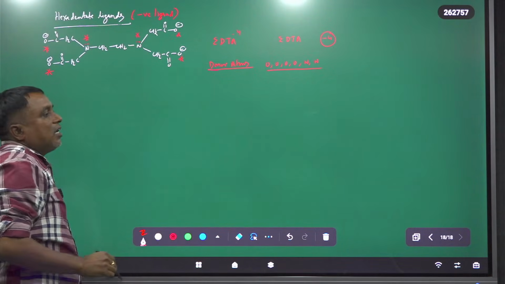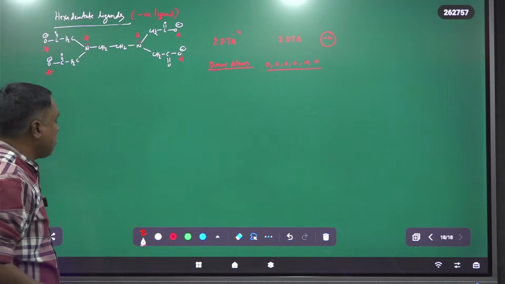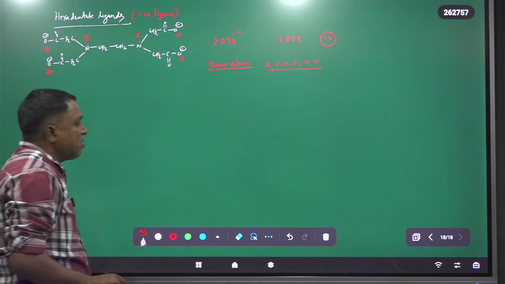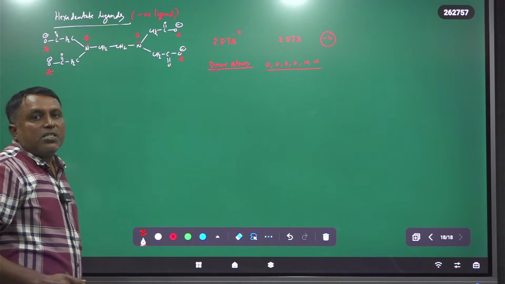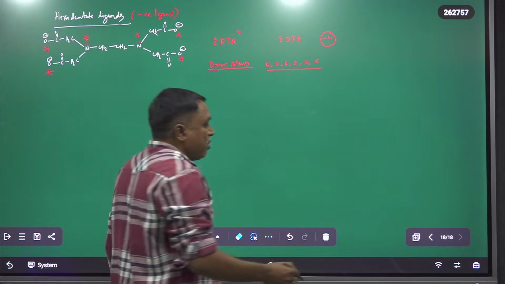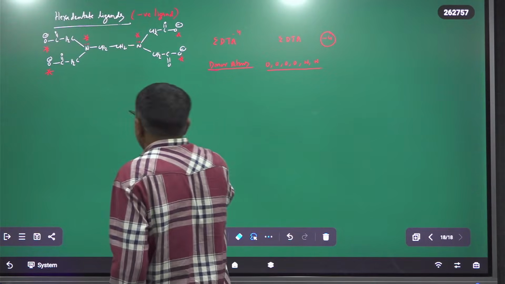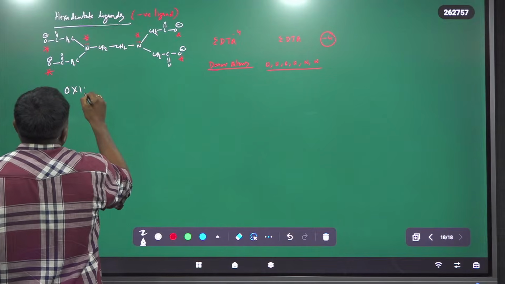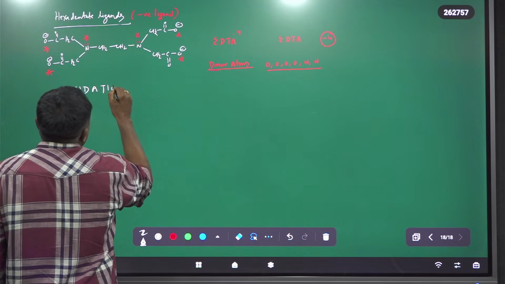So, these are the ligands. After these ligands, now we are going to discuss the oxidation number. What is meant by oxidation number?